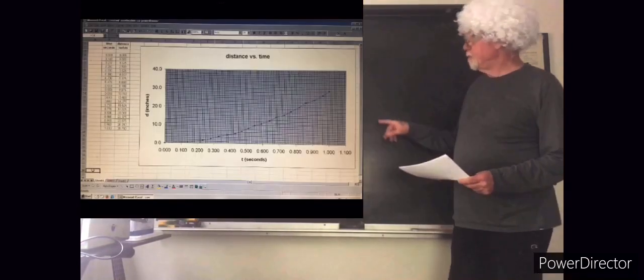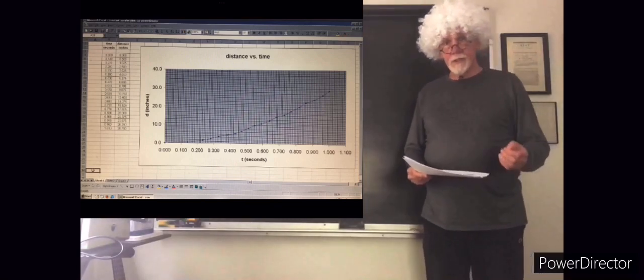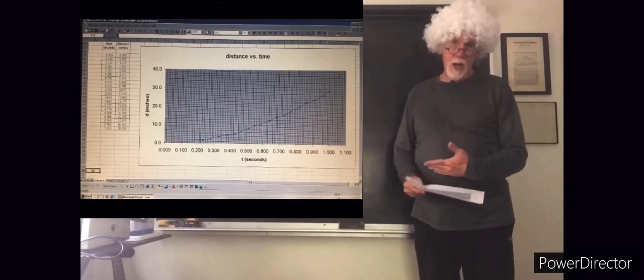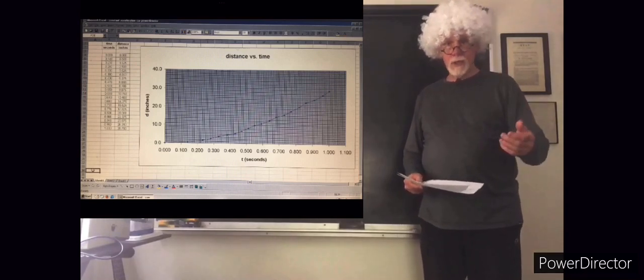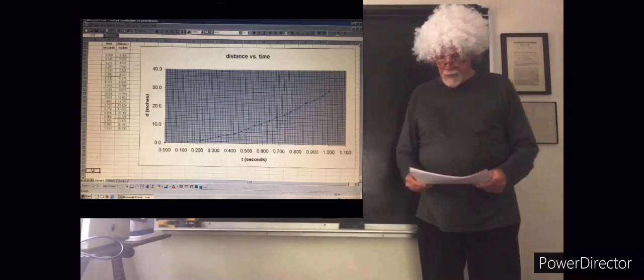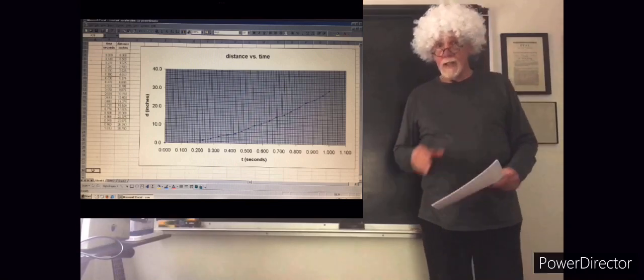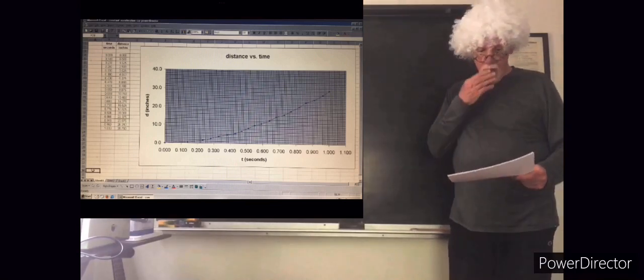So this first plot is simply the distance the truck traveled versus time. It's simply those data points that I just illuminated in the video. And you can see it has the shape pretty much of that curve we did earlier.